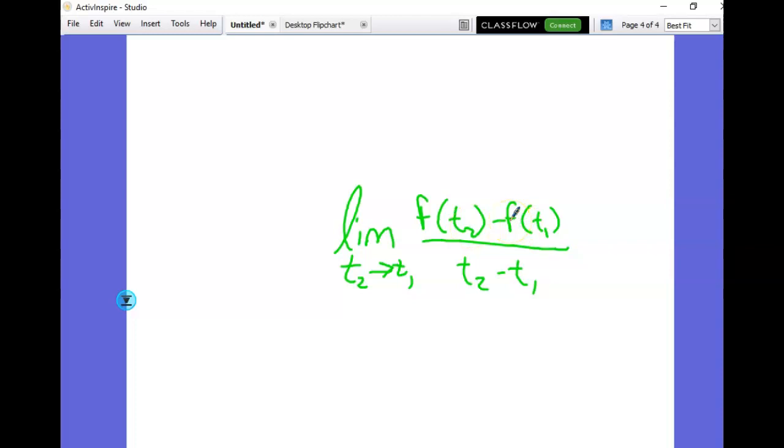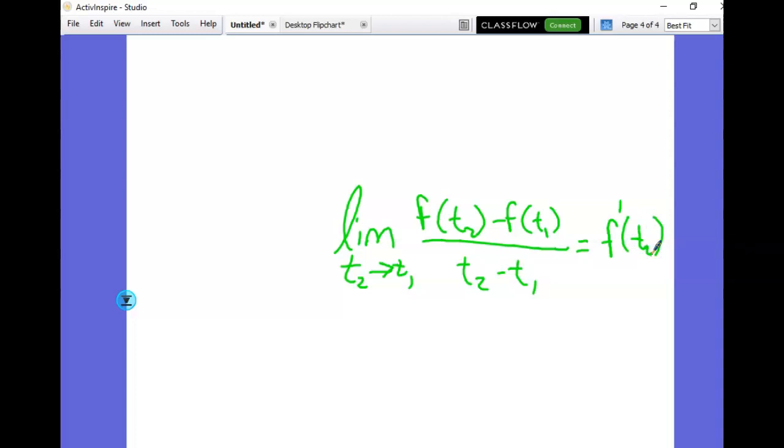Well, what you end up getting is the derivative, the instantaneous rate of change. Because remember, an average rate of change is the slope between 2 points, but when you let those 2 points become 1 point, you end up with an instantaneous slope, an instantaneous rate of change, or the actual instantaneous velocity. So you end up with the derivative, right? So there it is.